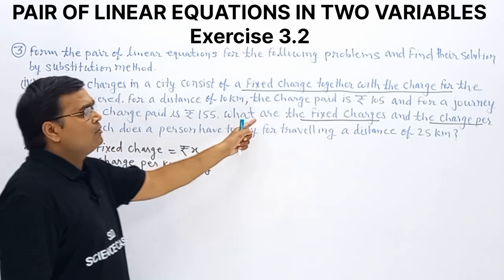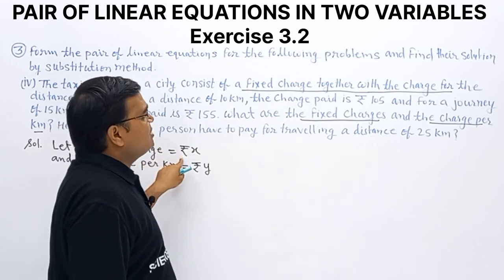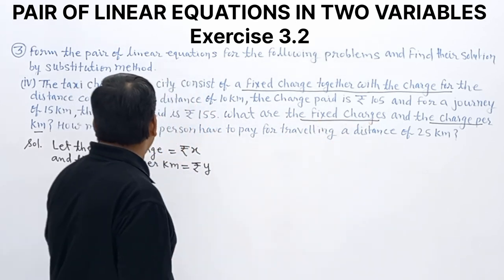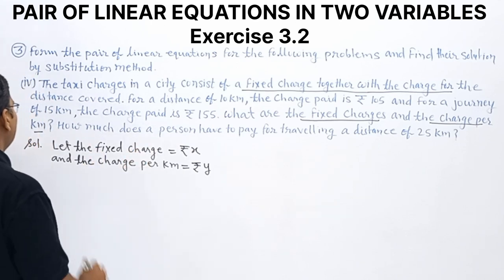Whatever we want, we assume: the fixed charge is rupees x, and the charge per kilometer is rupees y. We want both things, so we assumed them.